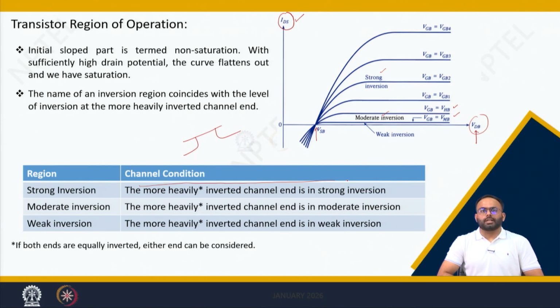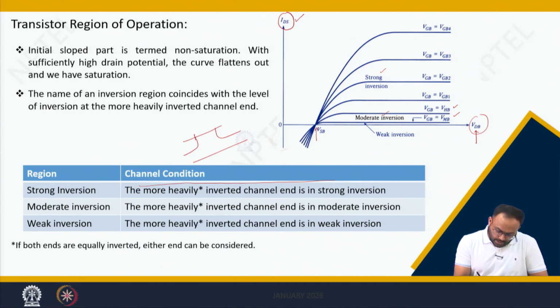If it is in moderate inversion, we say it is in moderate inversion. To make this clear, consider that you are applying a VGB and keeping VSB and VDB constant or equal, VSB equals VDB.